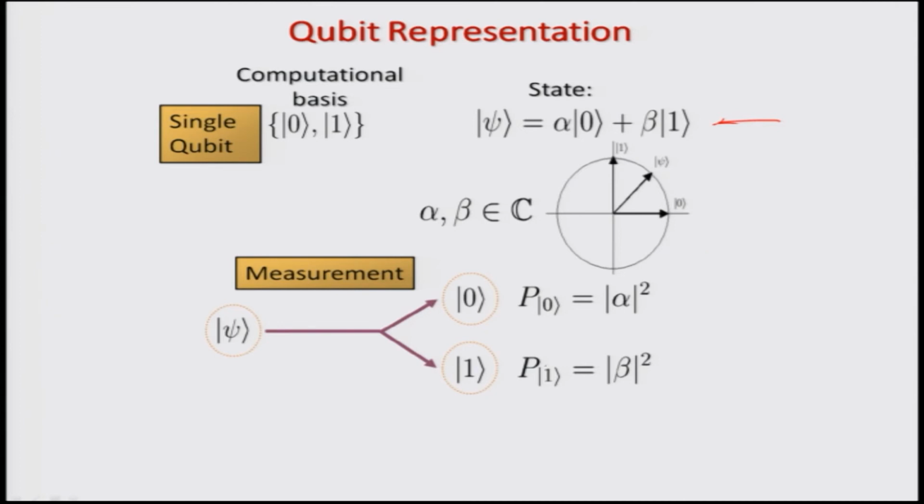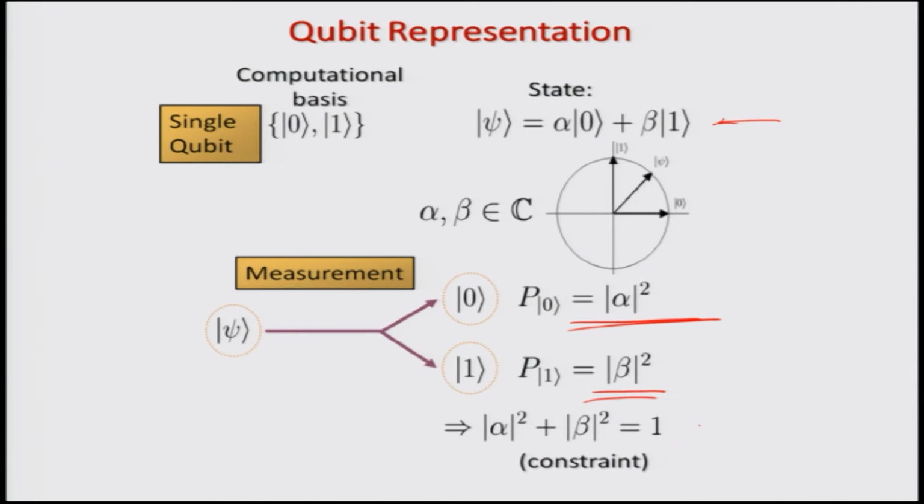And at any point of time when we make a measurement, we get a probabilistic contribution of one of the two, spin up or spin down, in these particular cases for getting the result.